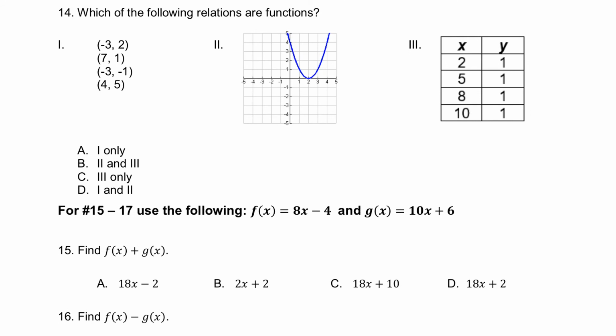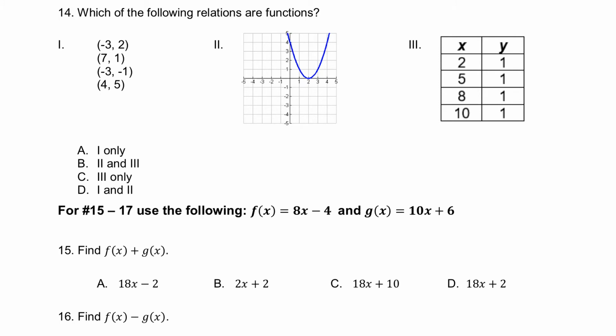All right, number 14, which of the following relations are functions? So remember, a function is any relation where each input value has exactly one output value that it goes to. Okay, so for example, on this first one, -3 goes to 2. If I look at the rest of the input-output pairs, there better not be any other inputs of -3 that go to a different output.